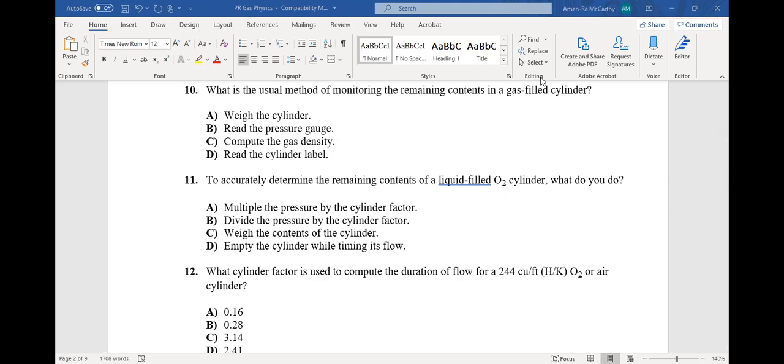All right, an H cylinder is not 0.28. Ms. Woods, can you tell us what it is? Or anybody? 3.14. Remember Hattie Patty Pies. 3.14 is pi, right?